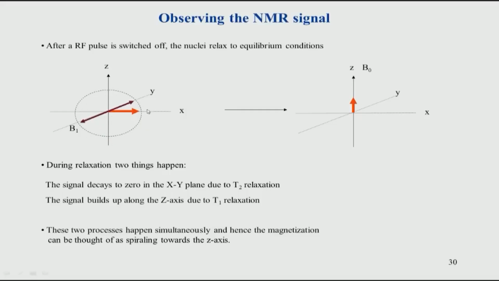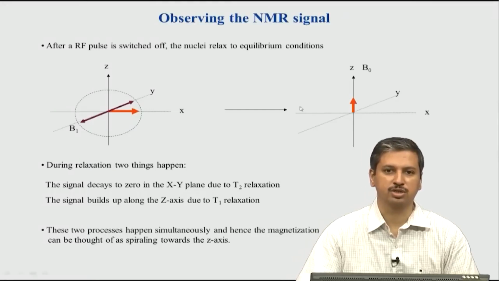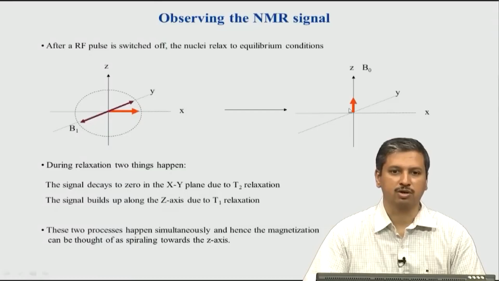Only when you remove the B1, it has to go back to the original situation, and that is basically called relaxation. So, this is a very important concept in NMR. In NMR there are two things which matter the most. One is called chemical shift, which we will see later, and second is relaxation, which is what is shown here. So, relaxation is basically the return of the magnetization to z axis.